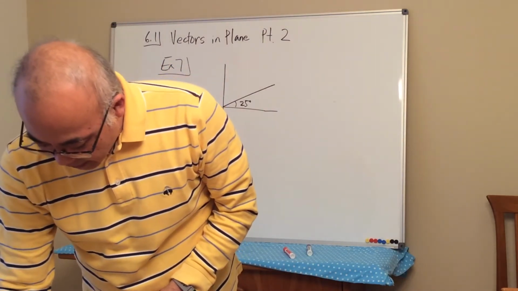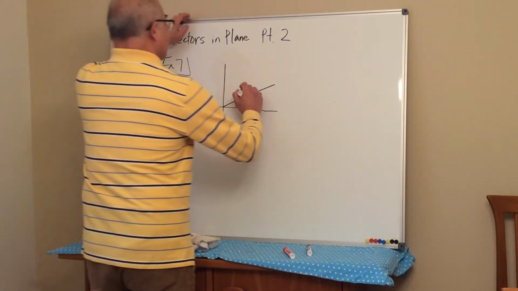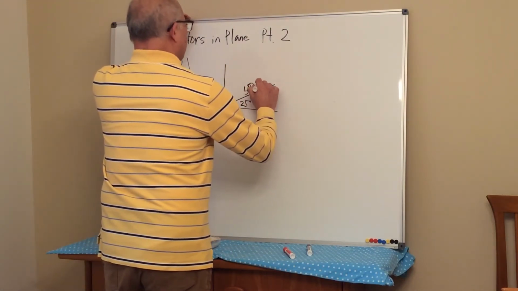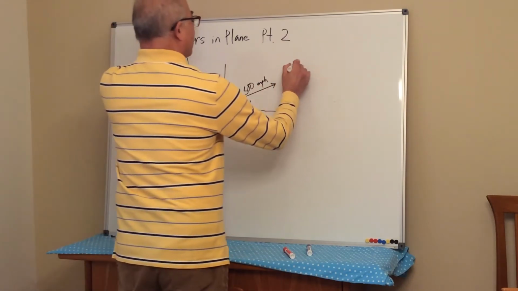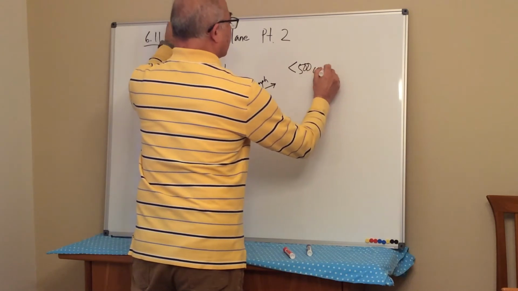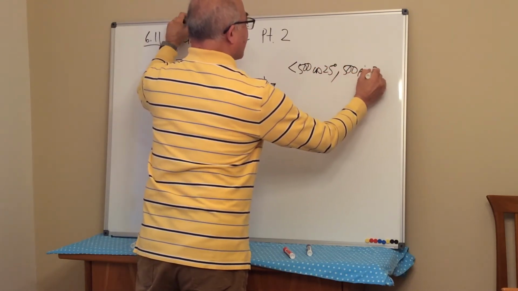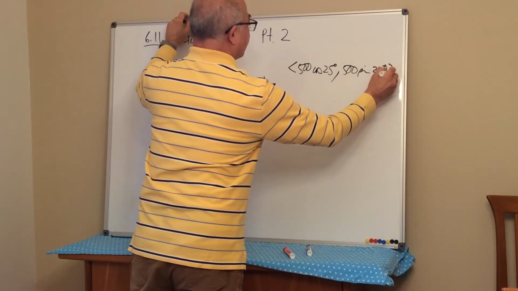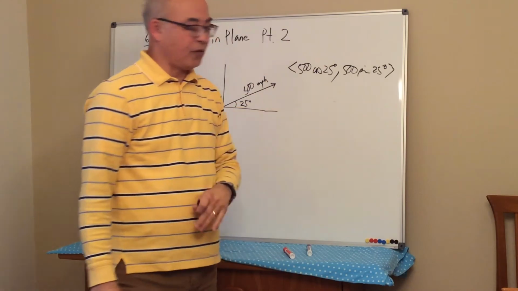And I have a magnitude of 500 miles per hour. So the actual vector, in component form, is 500 cosine 25 degrees, 500 sine 25 degrees.